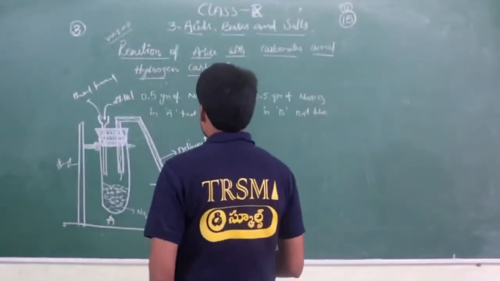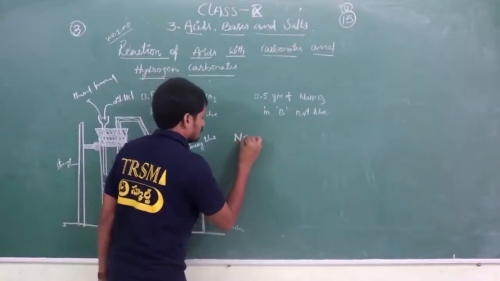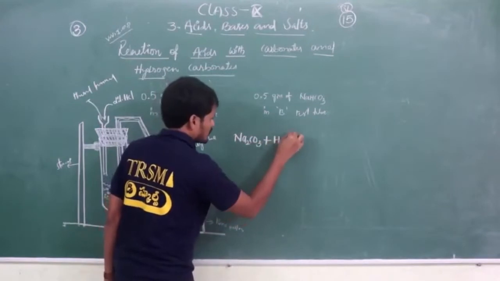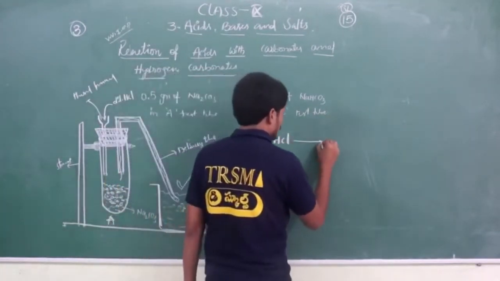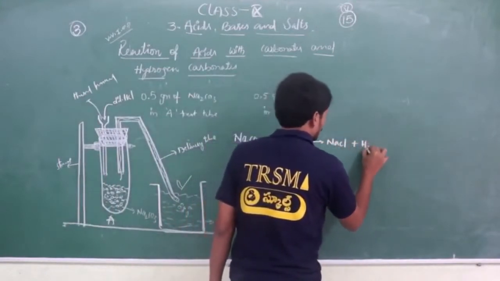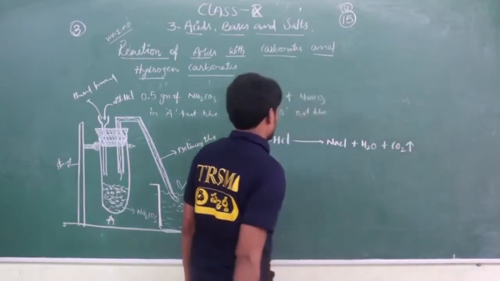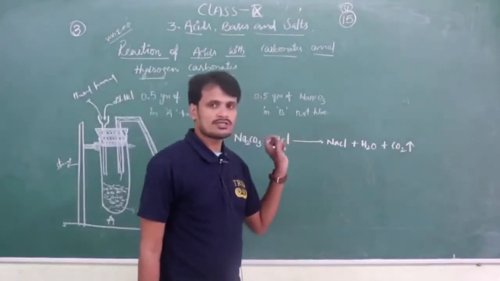See here, the first reaction: Na2CO3 reacts with hydrochloric acid. In that reaction, sodium chloride, water and CO2 gas are liberated.